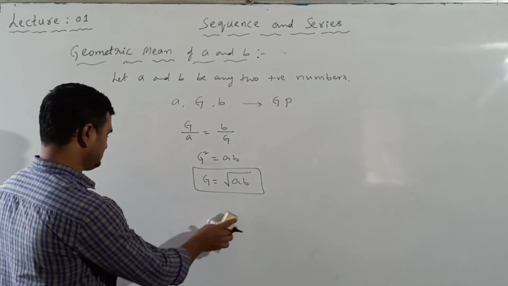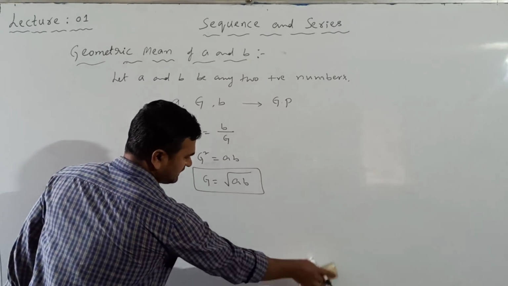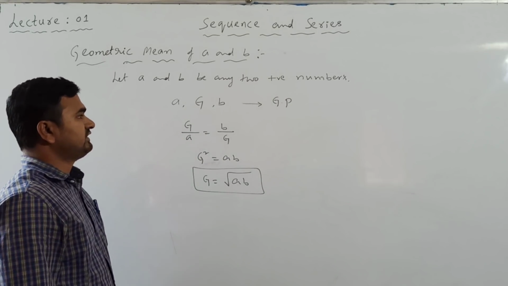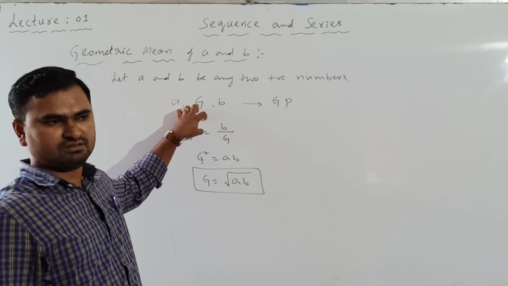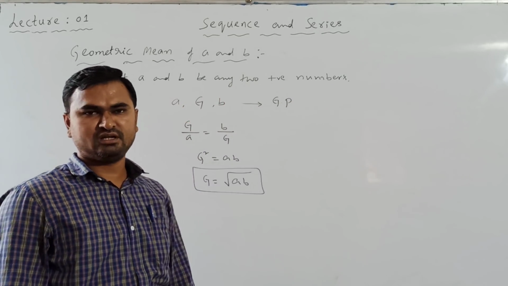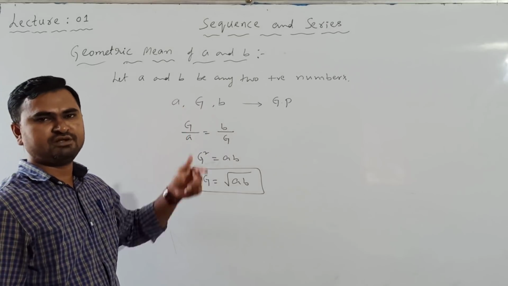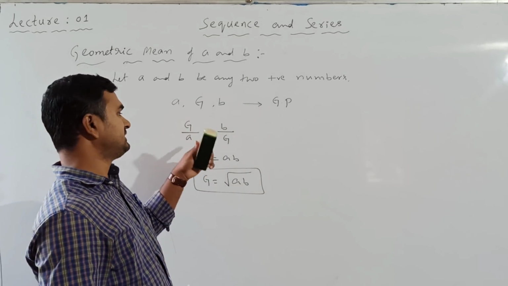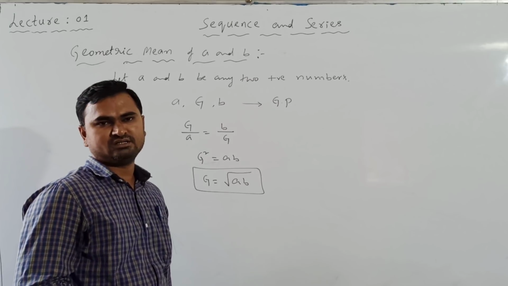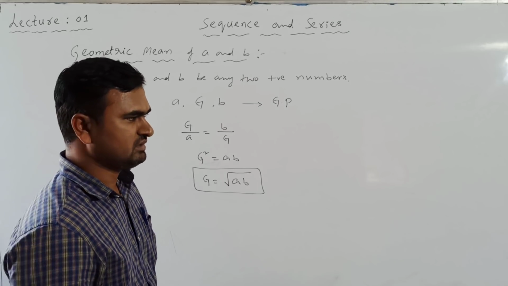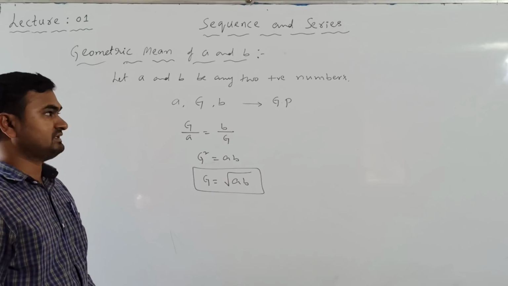So remember the formula. Now again the question is, can we insert only one geometric mean, or can we insert more than one geometric mean between two given numbers? Yes, we can insert more than one number in between two given numbers, so that it will be forming a geometric progression. Then the numbers are called geometric means.